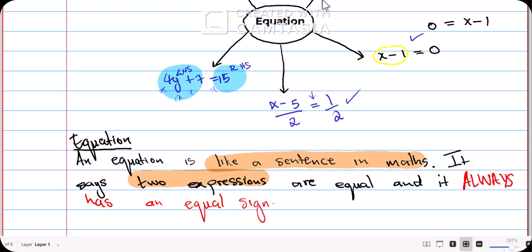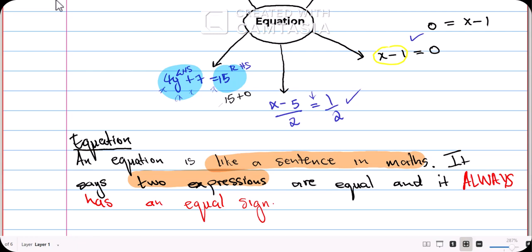So 15 is also the same as 15 plus 0. This is also an expression. You should bear in mind we have two expressions that are equated to each other.